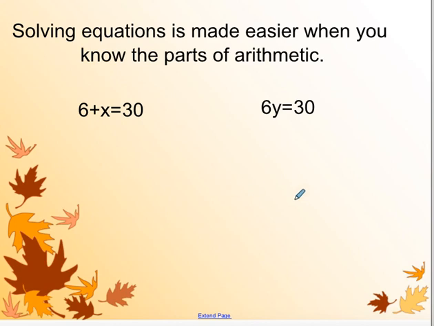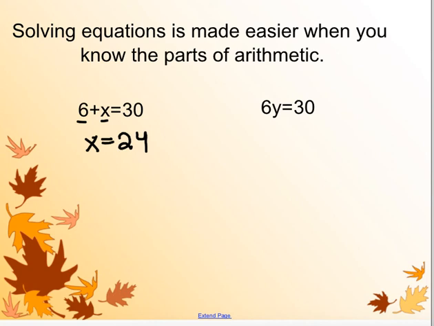Lastly, knowing our parts of arithmetic makes solving equations a lot easier. If we know that 6 and x are the addends to get us a sum of 30, well, we know that we can use our logic to say 6 plus something is going to give us 30. And we can say, well, that x needs to be 24 to give us the correct addend.